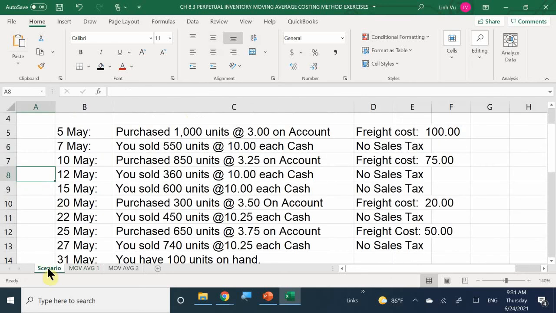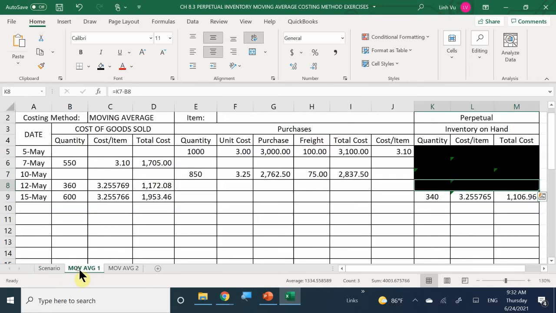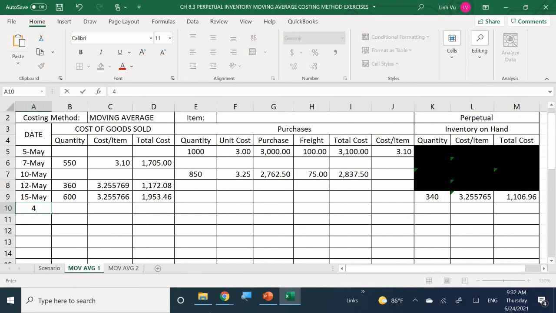So then, on May 20th, what happened here? I purchased 300 units at $3.50 with a freight cost of $20. Okay, so this is May 20th.